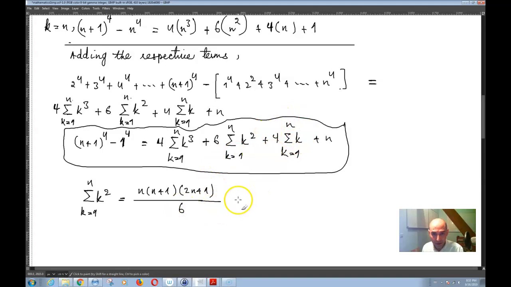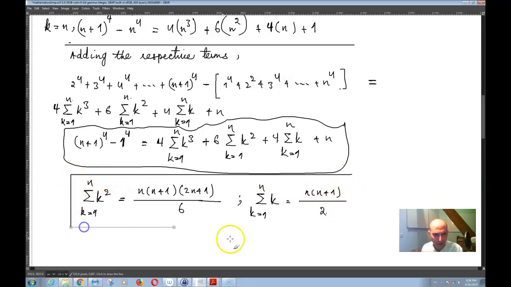We calculated sigma k as k goes from 1 to n to be n times (n plus 1) divided by 2. Right? So we already know these two things. We have proved them to ourselves.